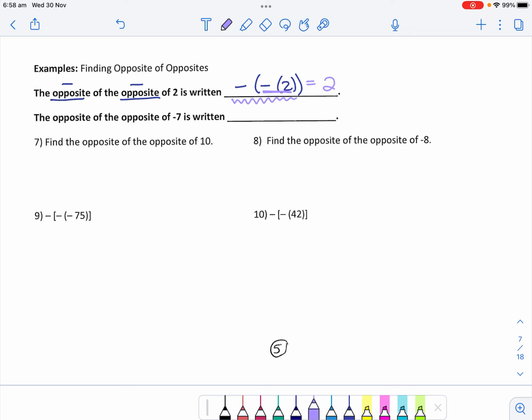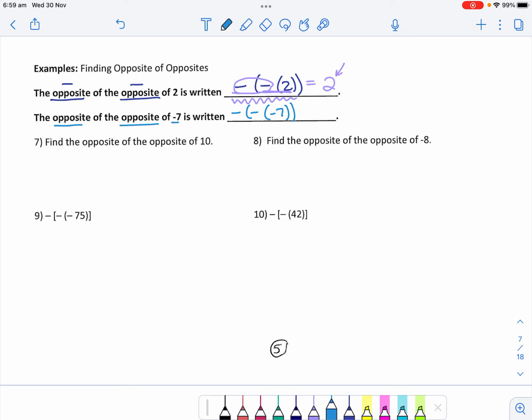And you can think of it in terms of the number of negative symbols that you have determines what your answer comes out as. So here I can see I have an even number of negatives and my answer came out positive. So now let's look at the next one. It says the opposite of the opposite of negative 7.